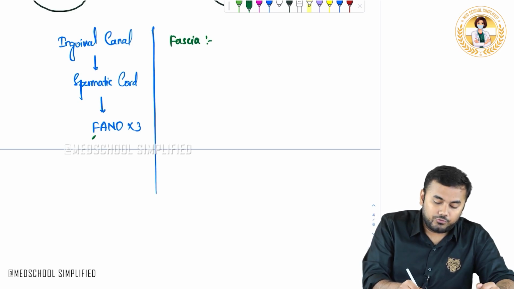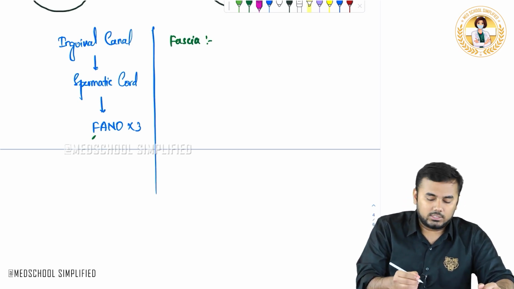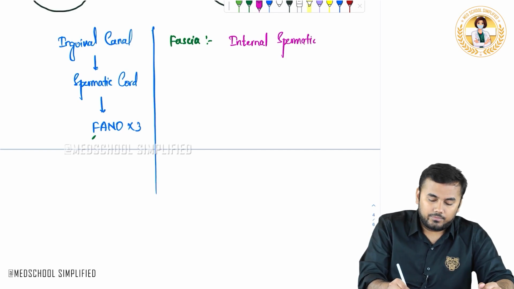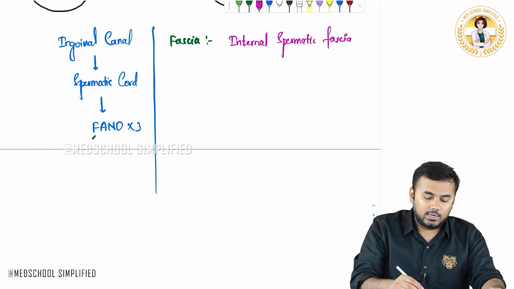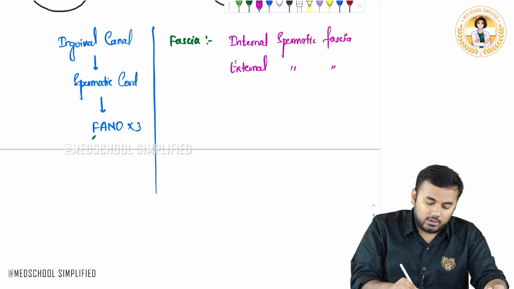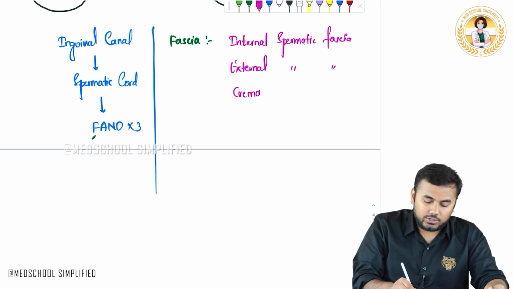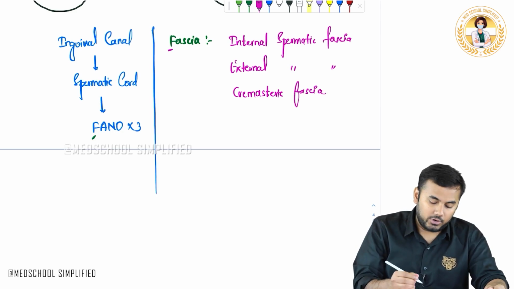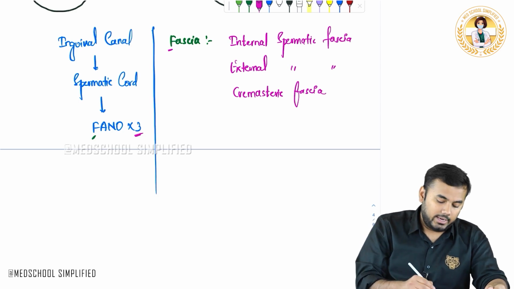What types of fascia does the spermatic cord consist of? One is internal spermatic fascia. Opposite of internal is external, so external spermatic fascia. And finally you have the cremasteric fascia. So F has how many components here? 3 into 3.